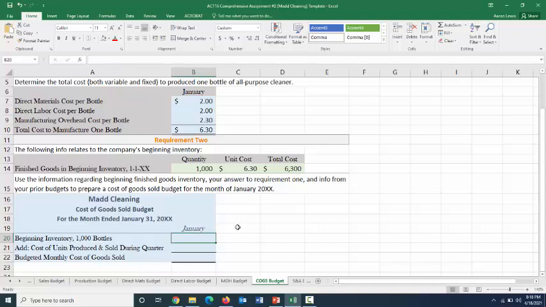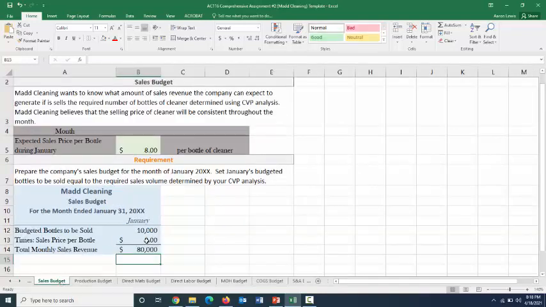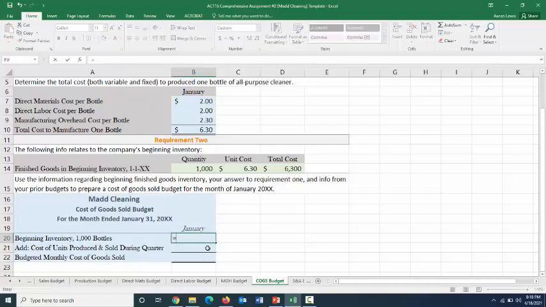Assuming we are a FIFO company and we sell our oldest inventory first, that means that to get to the 10,000 bottles we're proposing that we're going to sell during the period, according to our sales budget, we're going to have to sell all 1,000 of those units which were in beginning inventory, which we paid $6.30 a piece for. That means we're going to get to expense $6,300 of manufacturing costs for the units that we had in beginning inventory, which we're going to sell during January of 20XX.